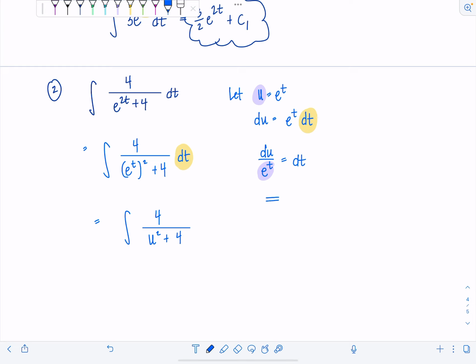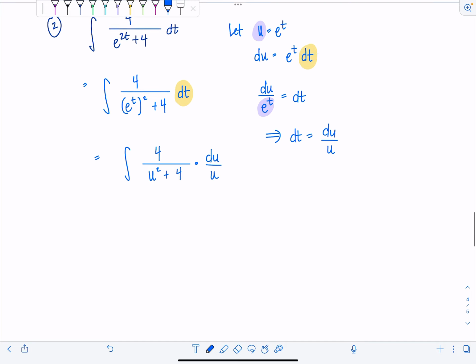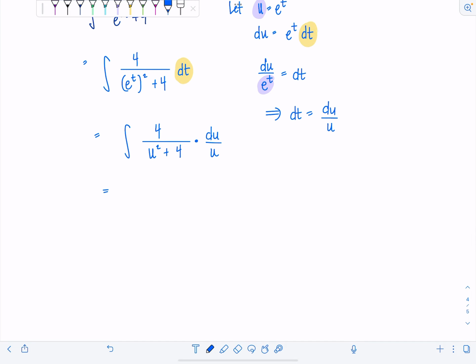So that means dt is equal to du over u. So now I have du over u down here. Ooh, kind of weird, but I like it. Now we have the integral of 4 over u times u squared plus 4 du.